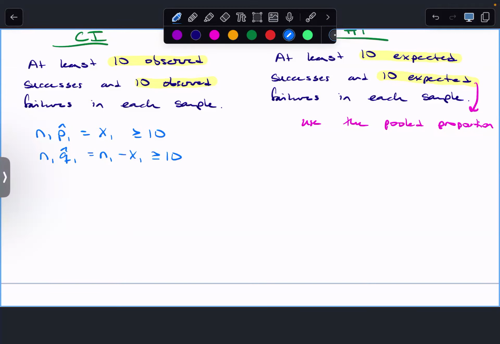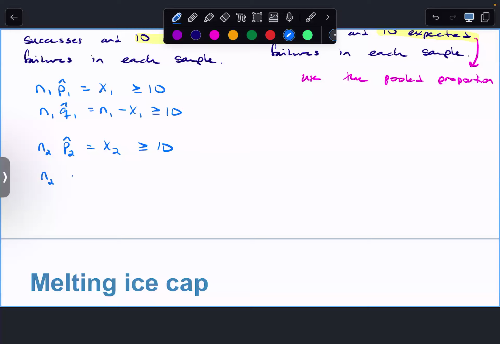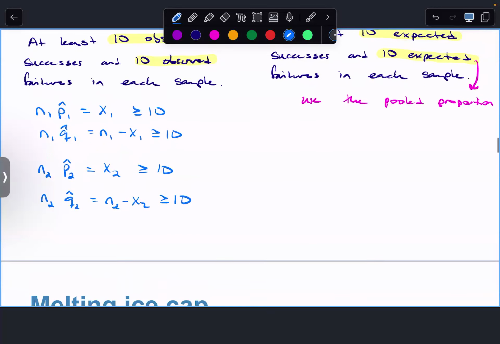Just depends on what information you have, right? What's easier. And then n2 times p2 hat, which is x2, has to be greater than or equal to 10. And n2 times q2 hat, which is n2 minus x2, has to be greater than or equal to 10.